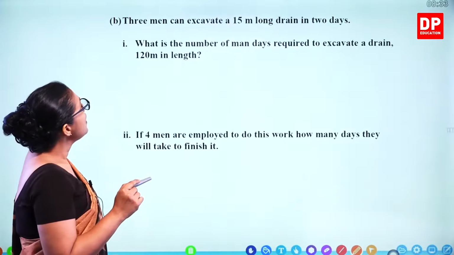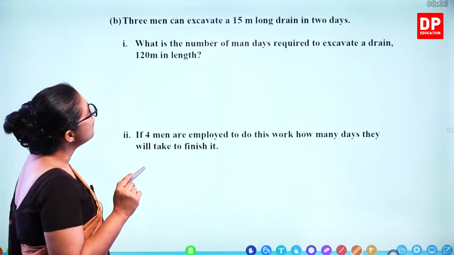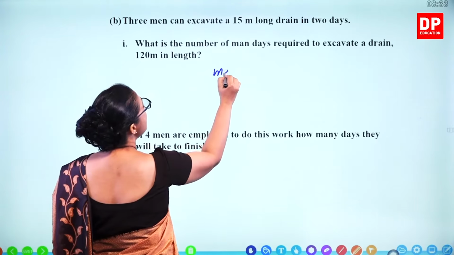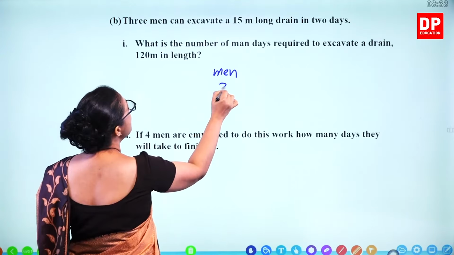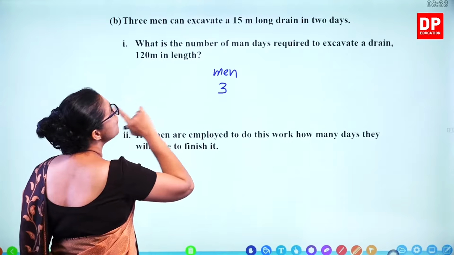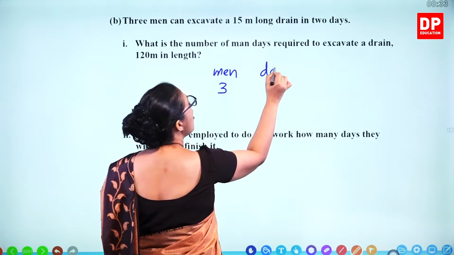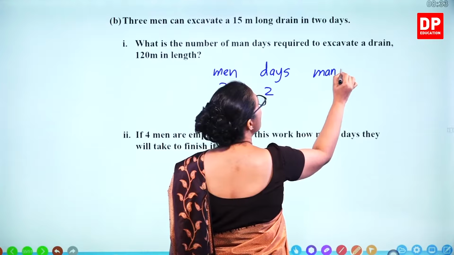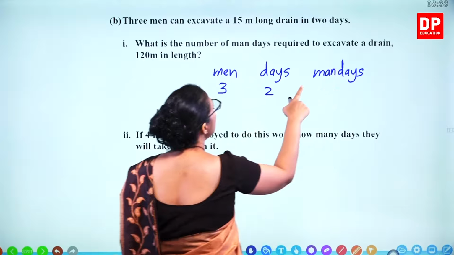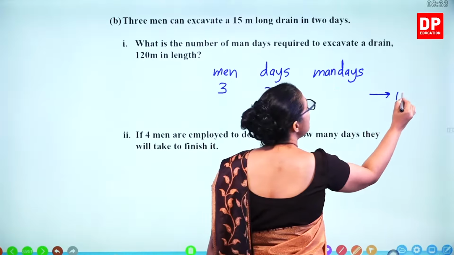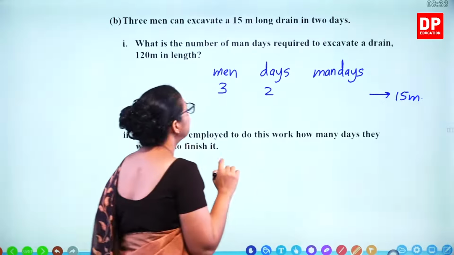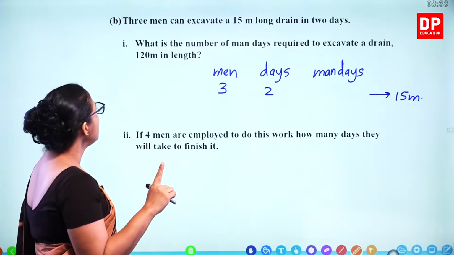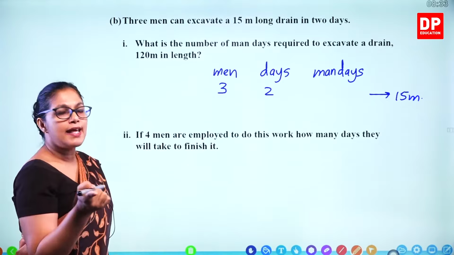Part B. 3 men can excavate a 15-meter long drain in 2 days. So man days you can calculate. What is the number of man days required to excavate a drain 120 meters in length?